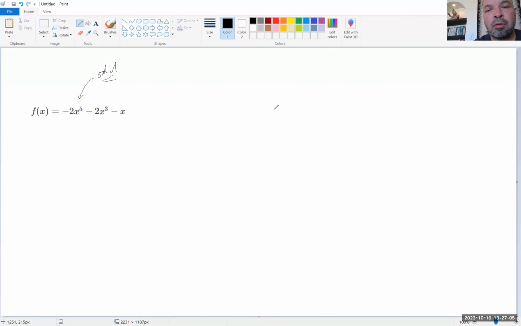Fifth degree polynomials generally have a shape that looks kind of like this.